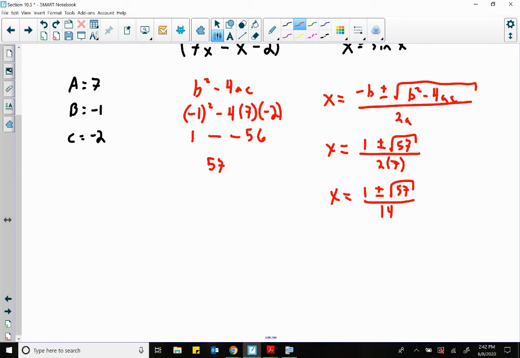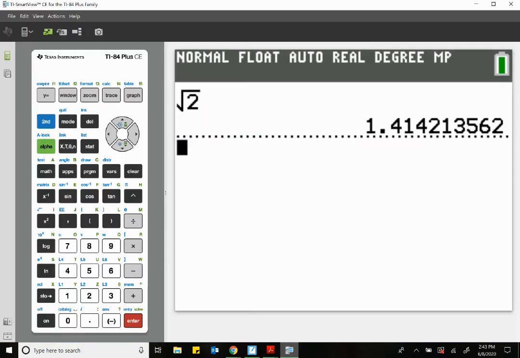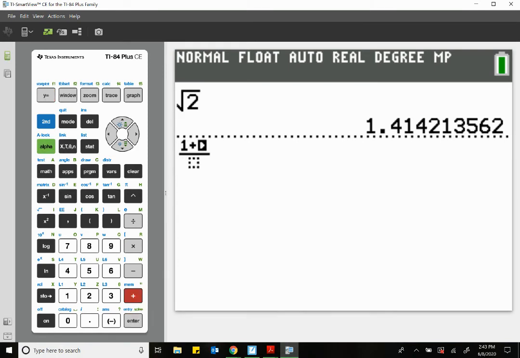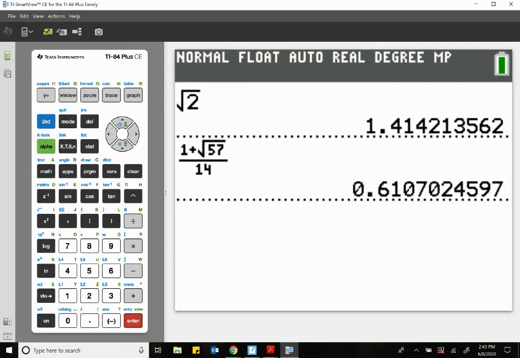And remember that this is x equals, or in other words for us, sine x equals. Okay? So we're going to go to the calculator. Alpha y equals, because it's a fraction, 1 plus second square root, 57, all over 14. So there's one of our answers.